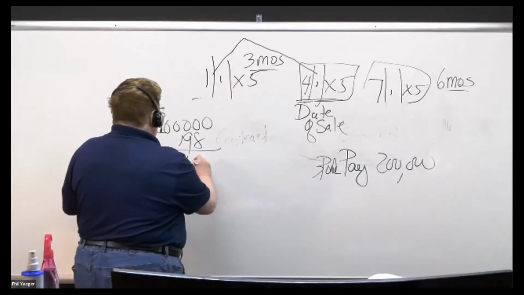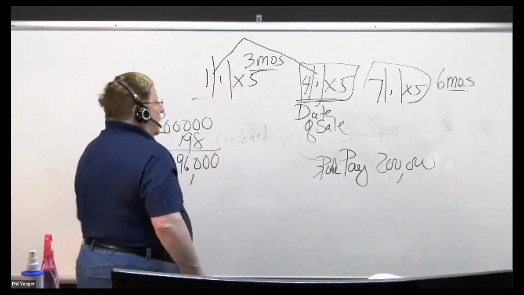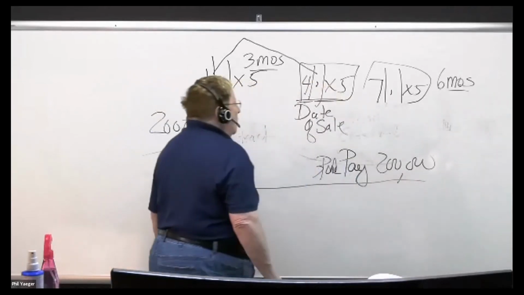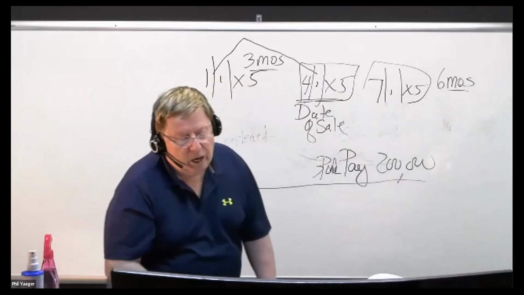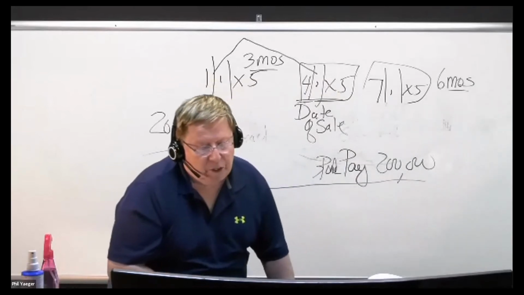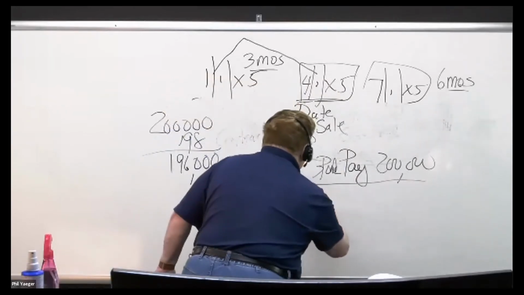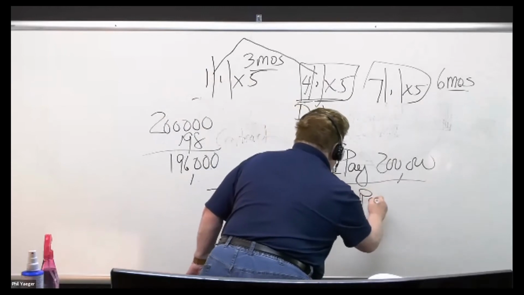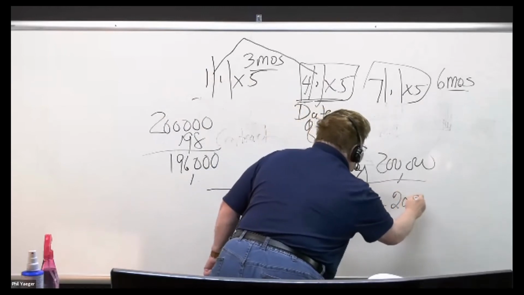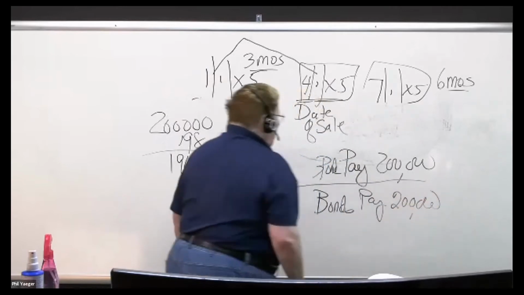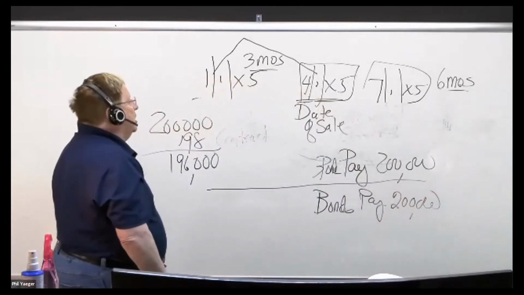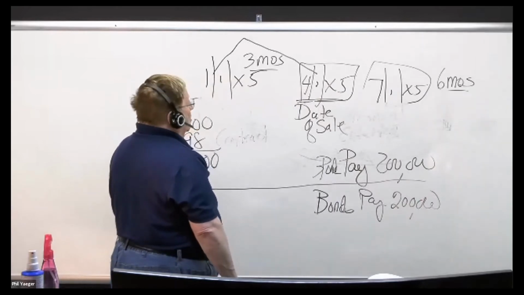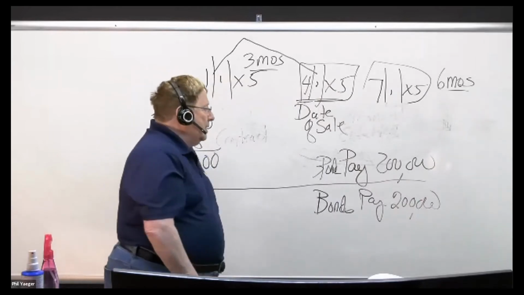Now, what's the journal entry we're going to make on the books of the corporation? First of all, we're going to credit bonds payable for 200,000. Now, how much interest is going to be given back or received by the corporation that they're not entitled to?